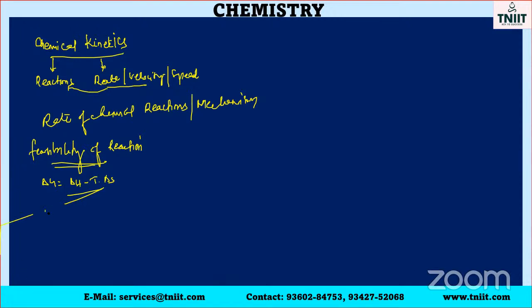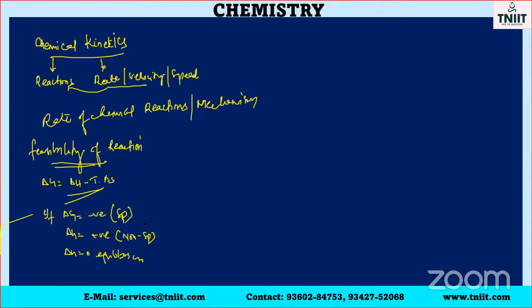Now, just for your information, if delta G is negative, free energy is negative, the reaction is spontaneous. If delta G is positive, the reaction is non-spontaneous. And if delta G is equal to 0, the reaction is in equilibrium. So based on these, in this introduction, we will talk about the topic chemical kinetics.